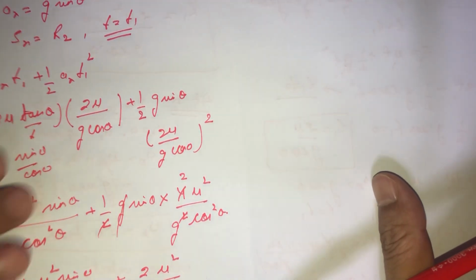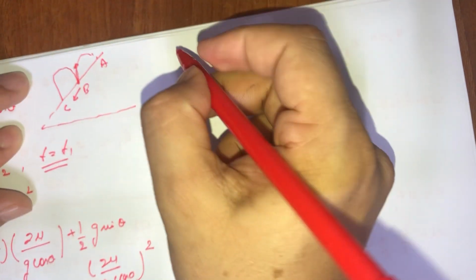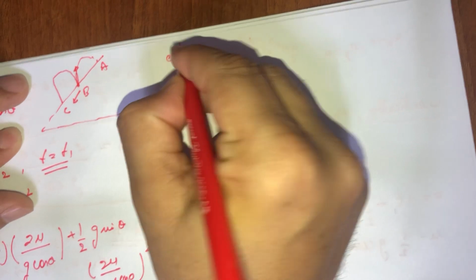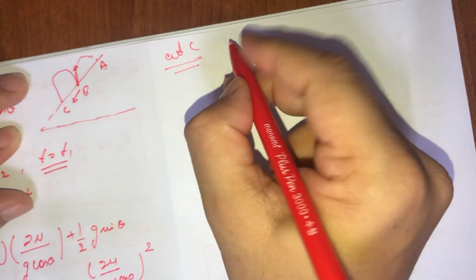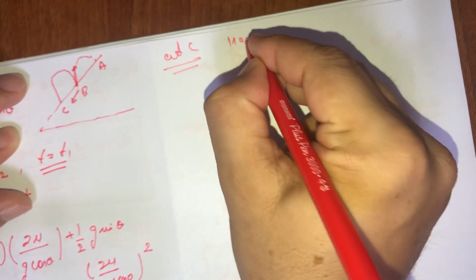Now once again at point C we are going to find the horizontal velocity as well as the vertical velocity. First of all, the horizontal velocity.